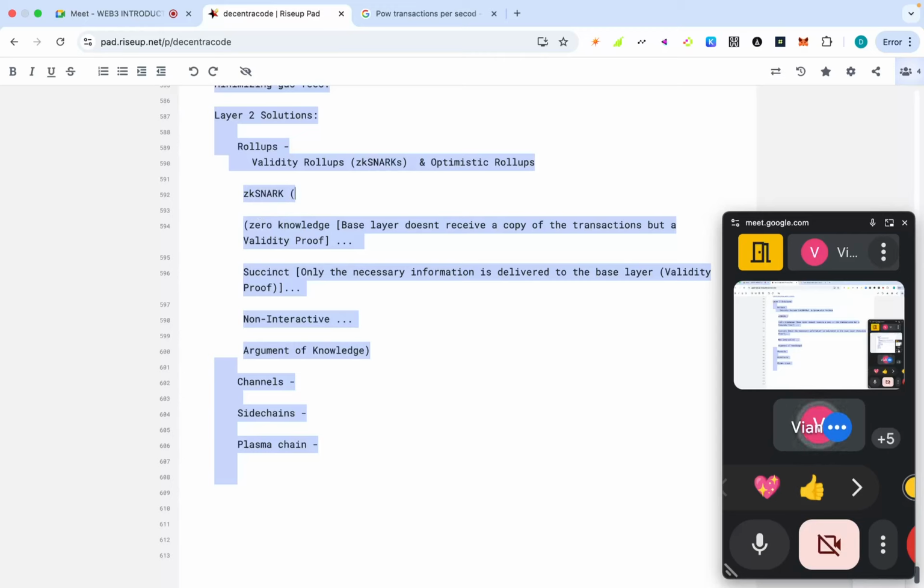Let me actually type it here. Zero knowledge, succinct, non-interactive, argument of knowledge.